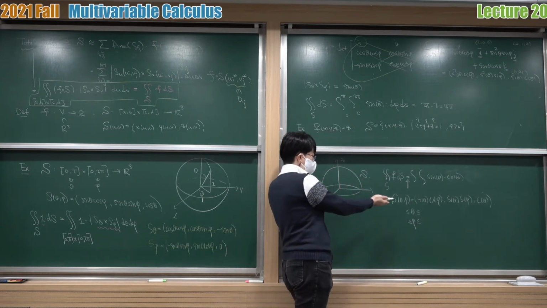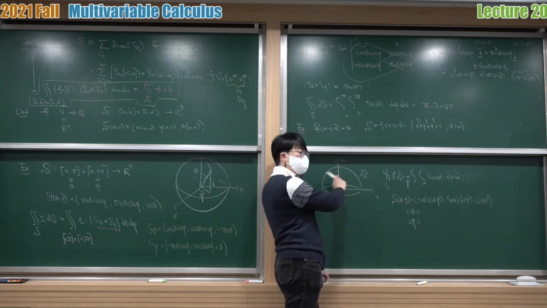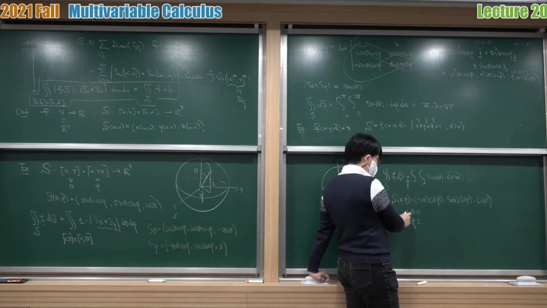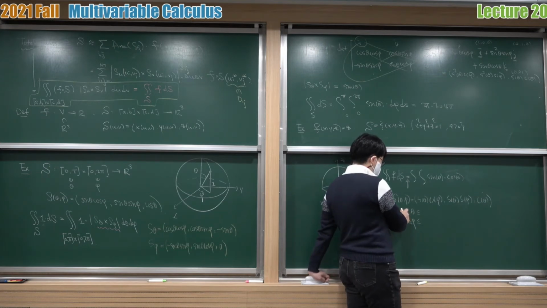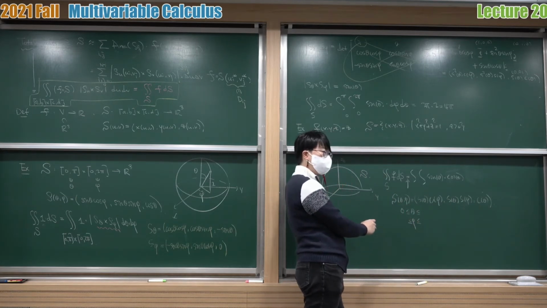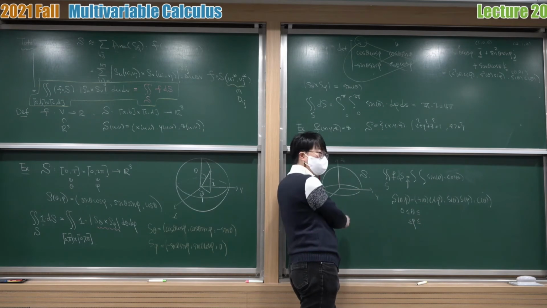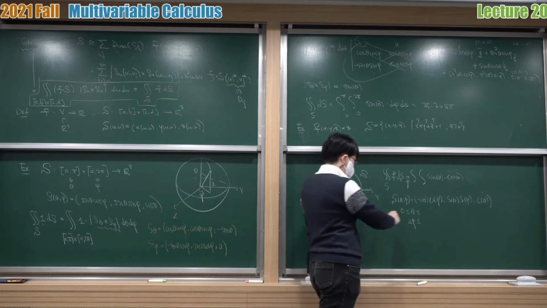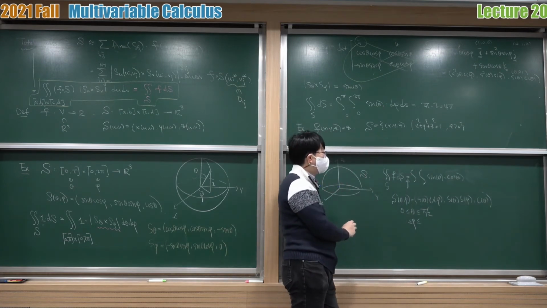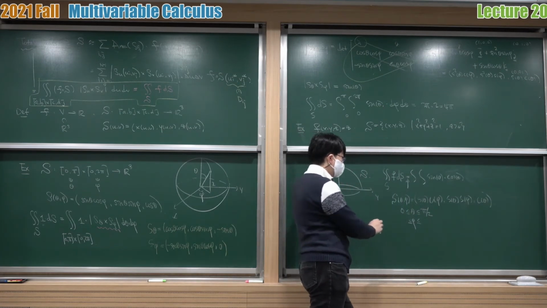Theta and phi parameterize this upper half sphere. Is theta 0 to pi? Pi over 2, because pi gets you to the lower hemisphere. So pi over 2. How about phi? Right, 0 to 2 pi.